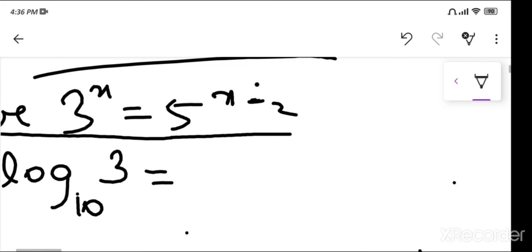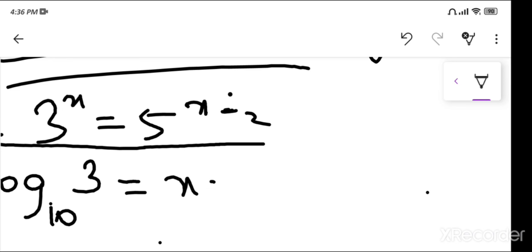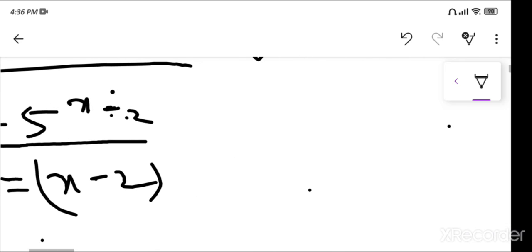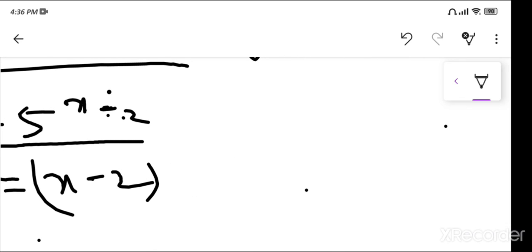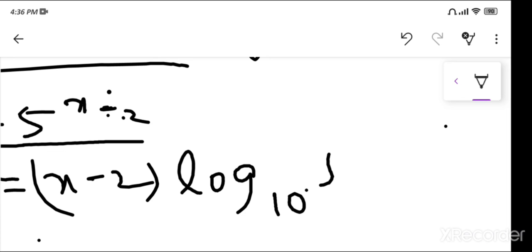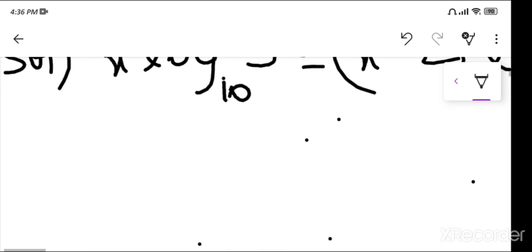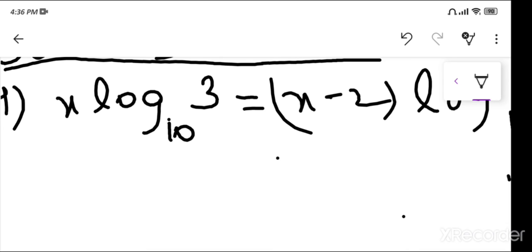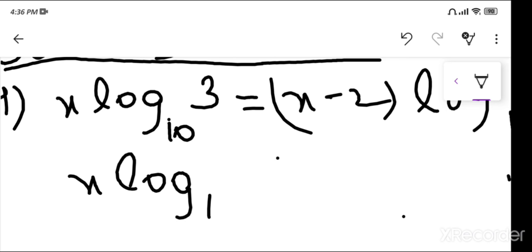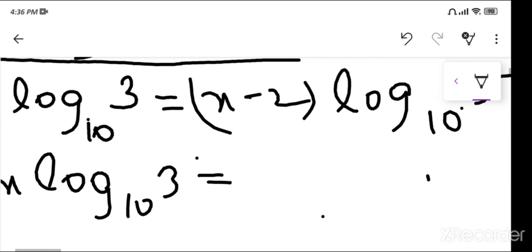So the power becomes the value, and then I'm going to write log 5 to the base 10, which is easy. Let us write this as we wrote that before.